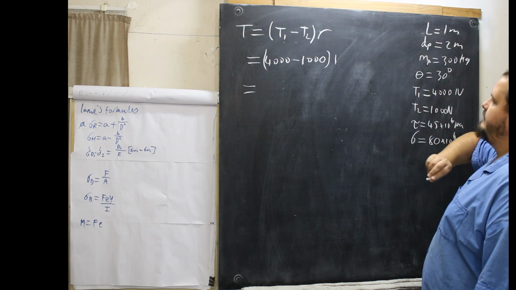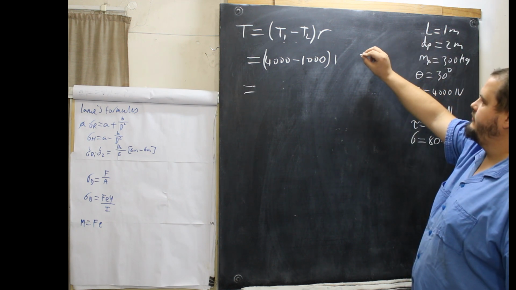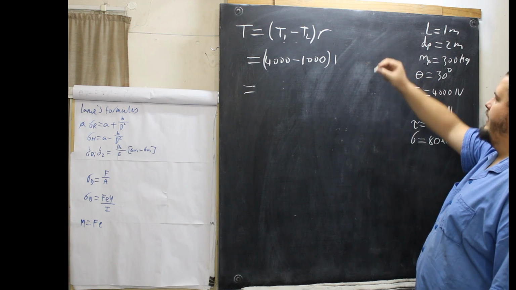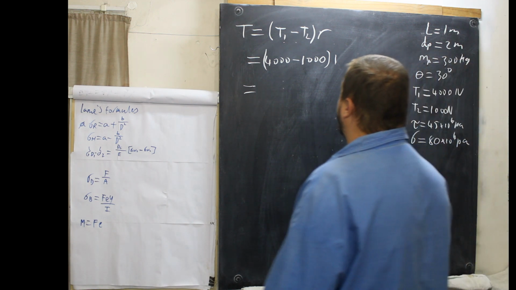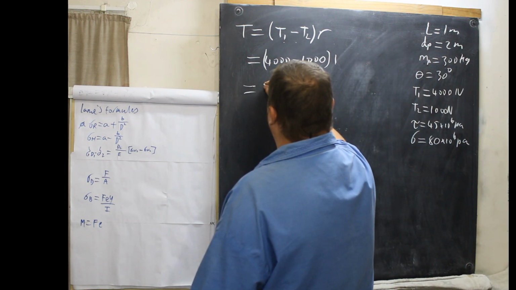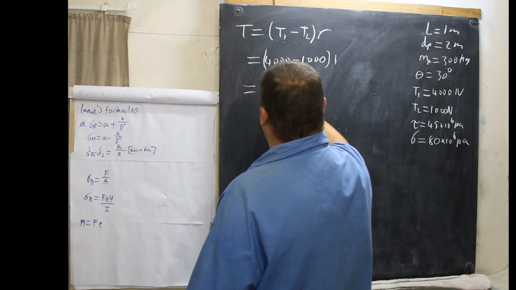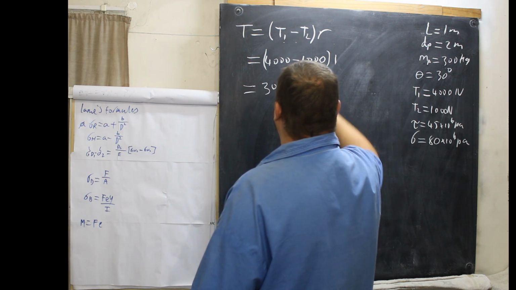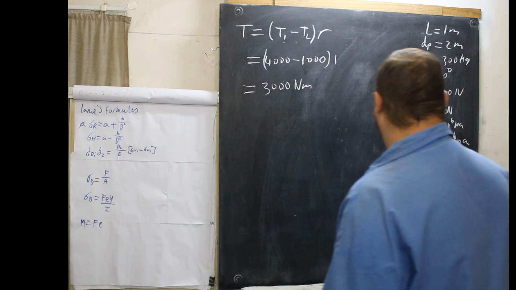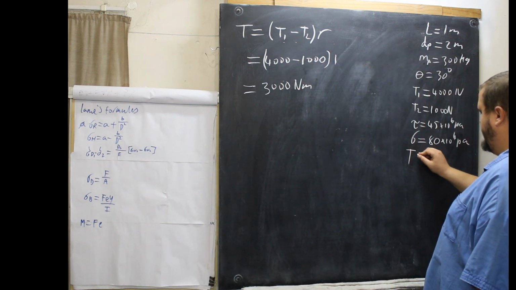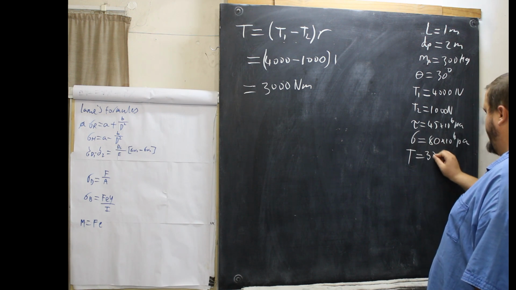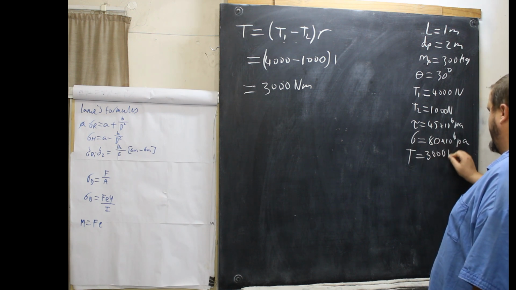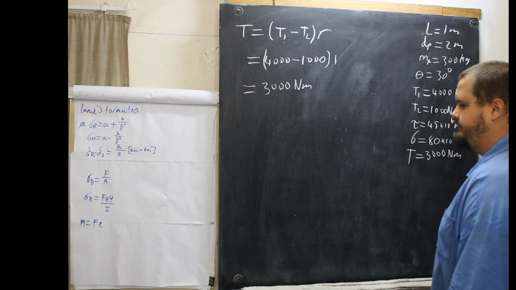Radius is half your diameter, so 2 divided by 2 is 1. So we've got 4,000 minus 1,000, which is 3,000 Newton meters. So our principal torque is 3,000 Newton meters.